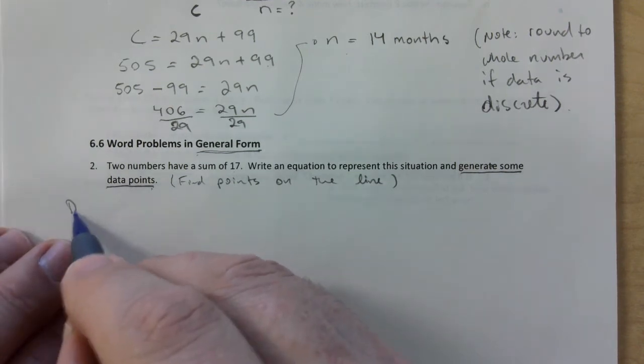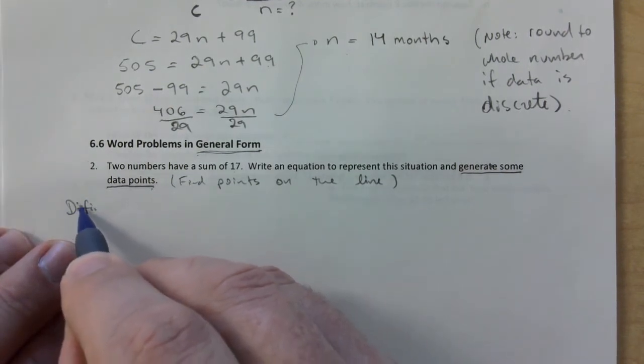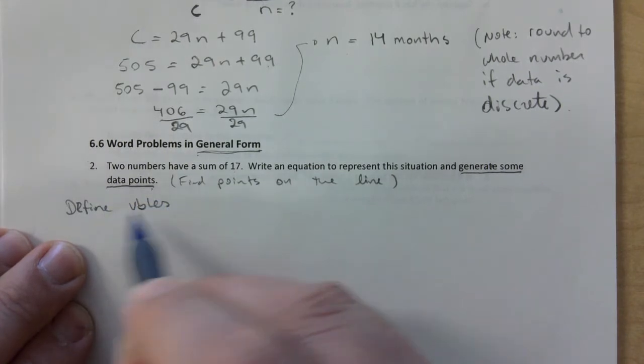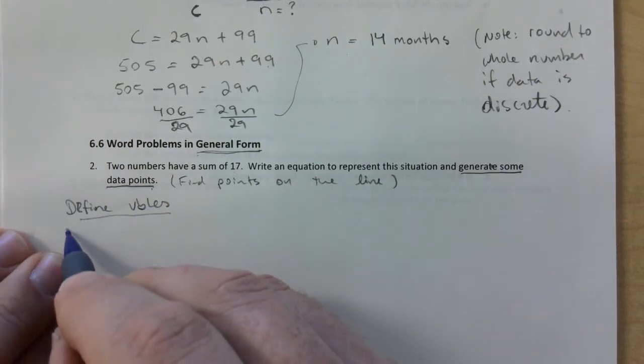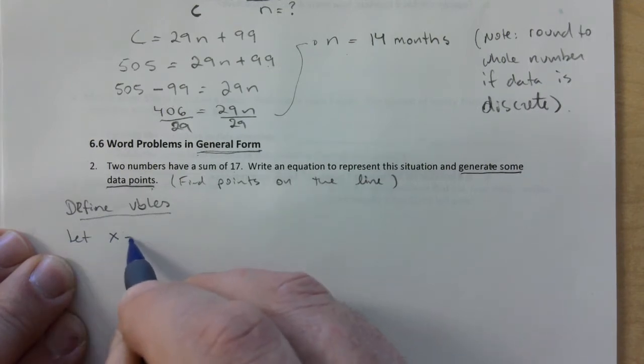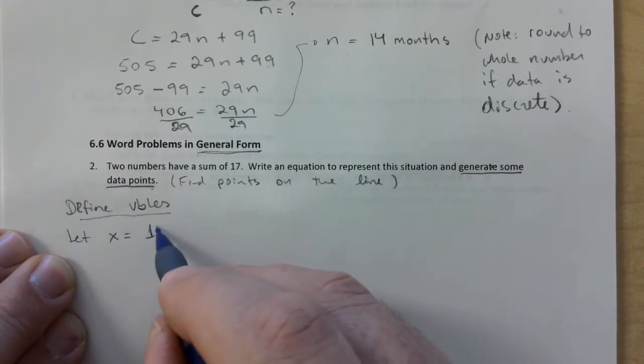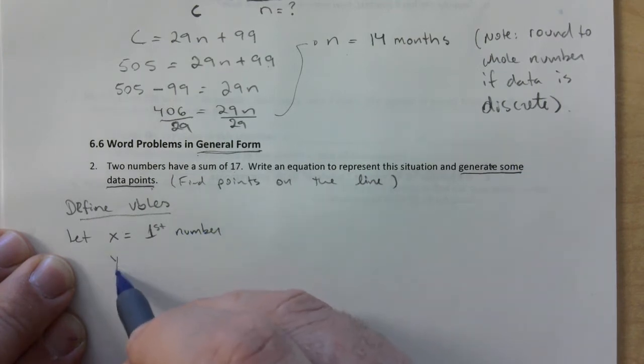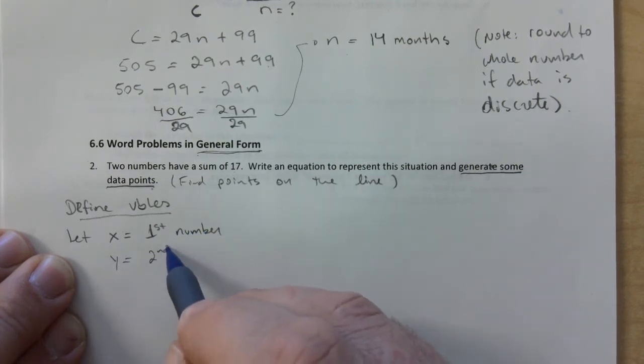So define variables. So we let x be now the first number, and we let y equal the second number.